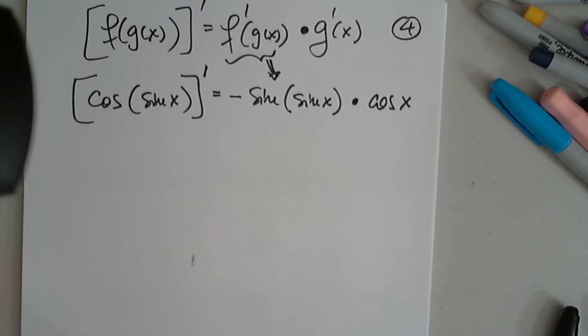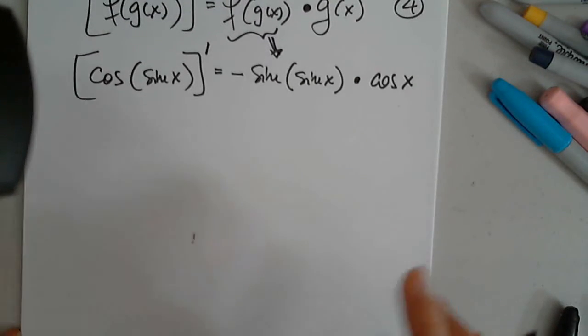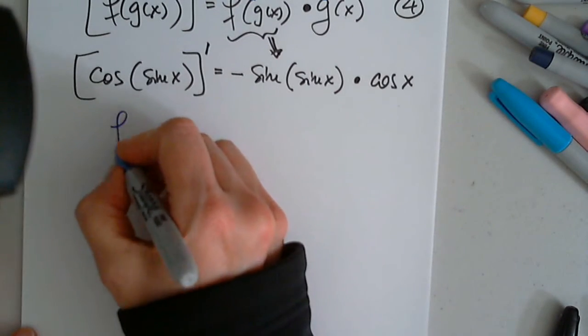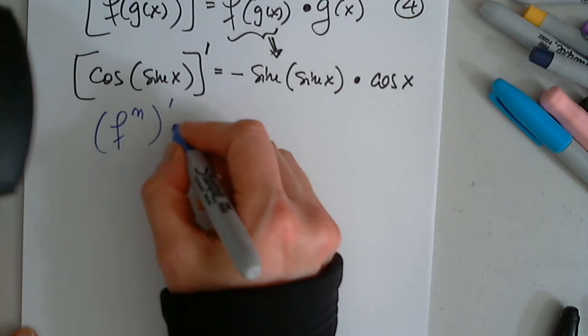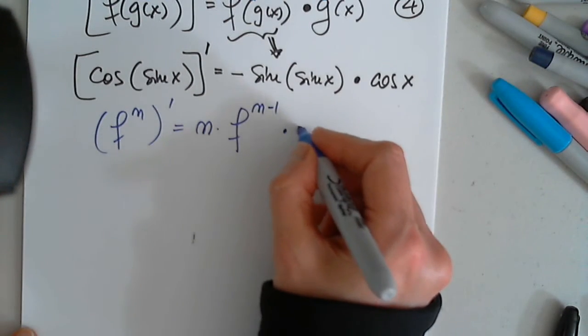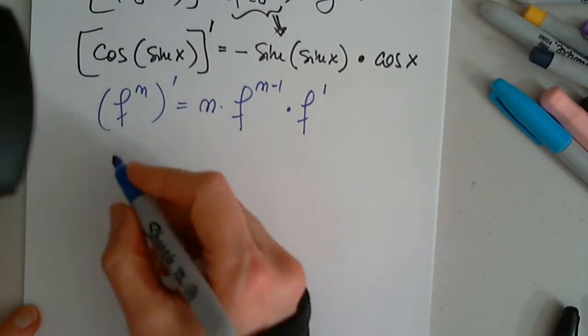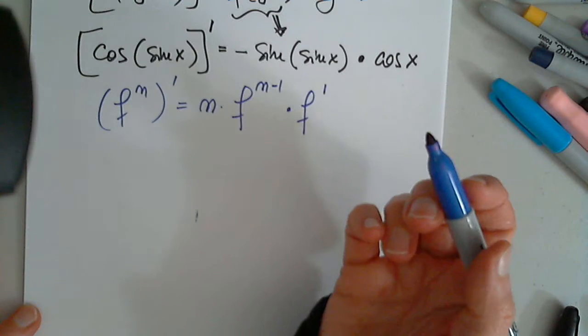And now I would like to show one more with the square root. We already know that f to the nth power prime is n times f to n minus 1 and times f prime. There is no difference with the square root because it's a power.